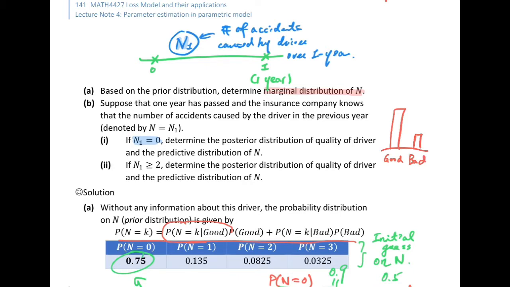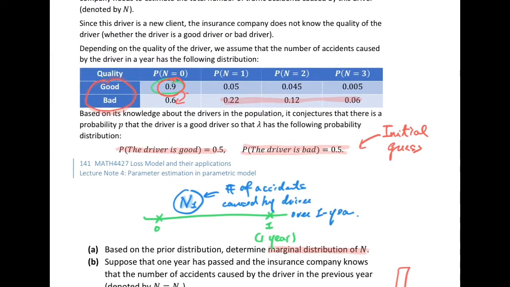We also consider another scenario, that N1 is greater than or equal to 2. In that case, this driver is a troublemaker. According to this table, only the bad driver has a tendency to give a higher probability of causing a lot of trouble.